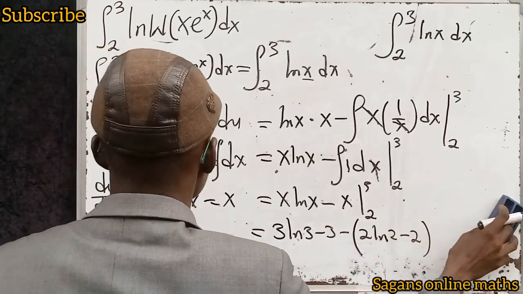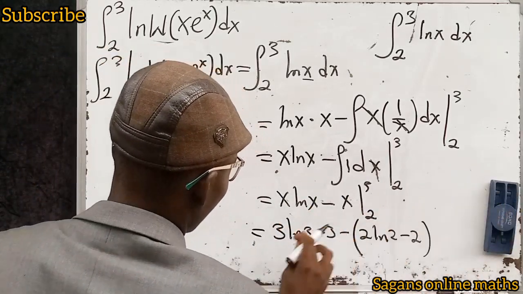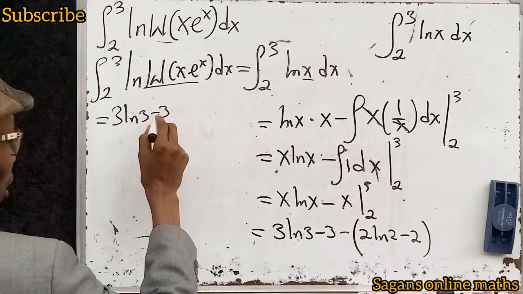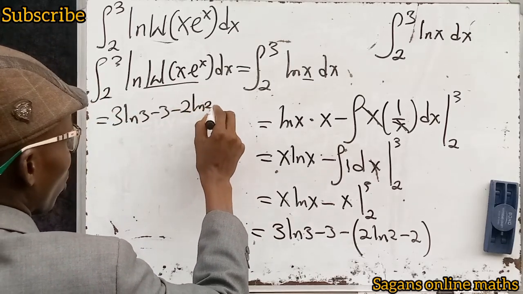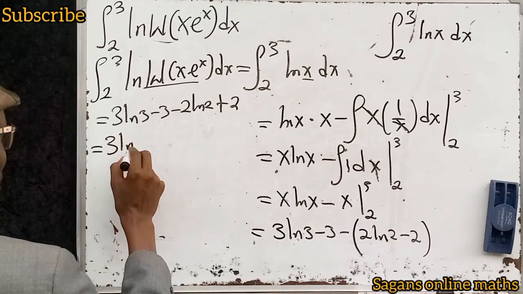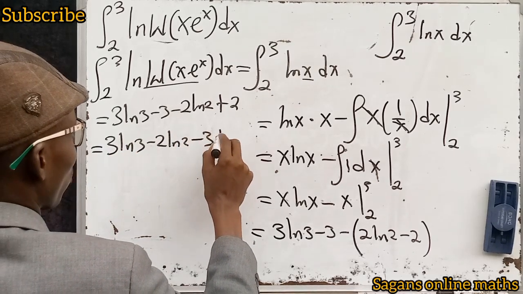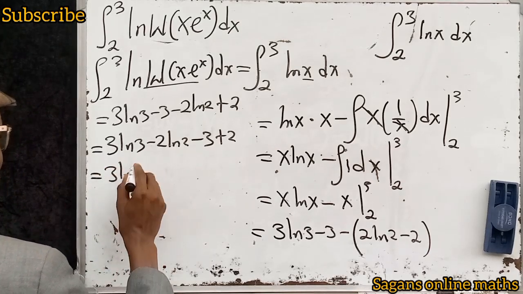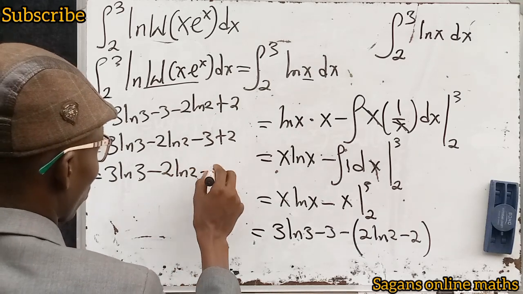That means this will be equals to 3 ln 3 minus 3, then minus times this, we have minus 2 ln 2 plus 2. That means this will be equals to 3 ln 3 minus 2 ln 2 minus 3 plus 2. That means this will be equals to 3 ln 3 minus 2 ln 2, then minus 3 plus 2 is minus 1.